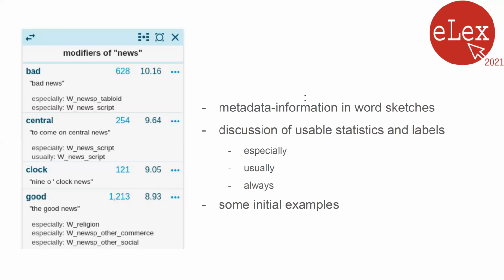So we have thought through the maths around it, proposed the formulas, and compiled the results with some initial examples. The example on the picture is for BNC, and for the metadata, David Lee's classification, which tells us, for example, that bad news occurs much more in a tabloid newspaper than in the rest of the corpus, or that good news is very frequent in religious texts.